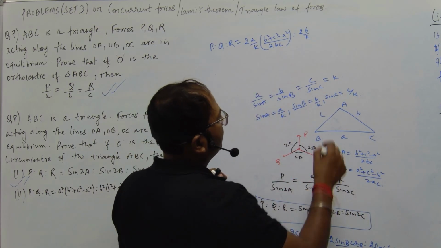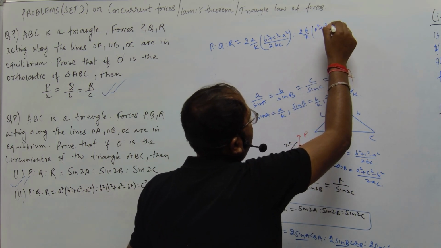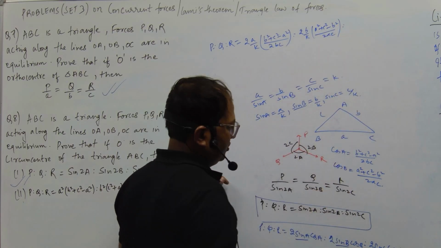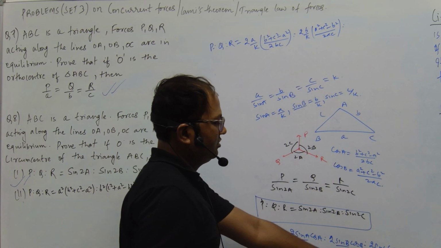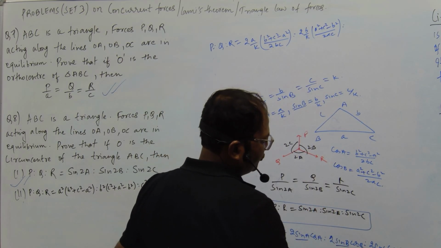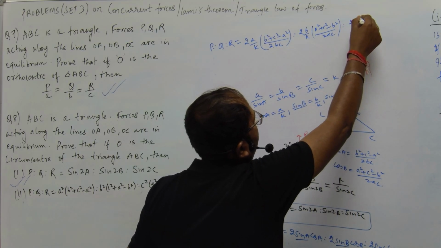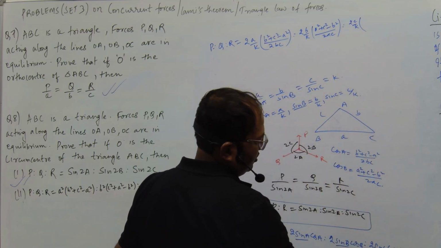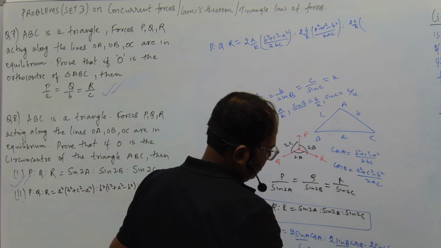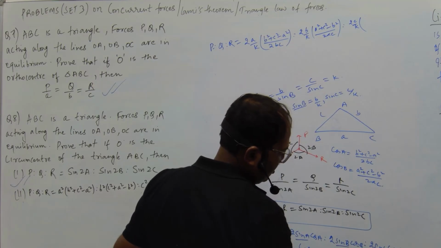Then 2 sin C cos C: sin C is c upon k, so 2 times c upon k into cos C, where cos C is equal to a square plus b square minus c square upon 2ab.